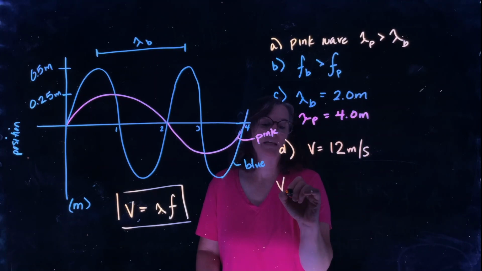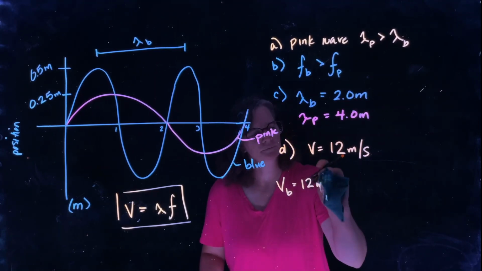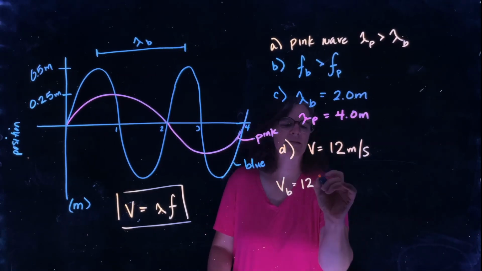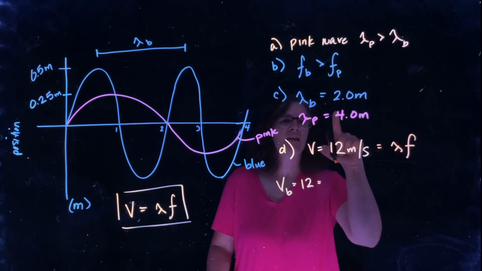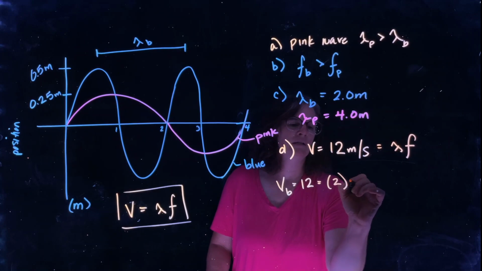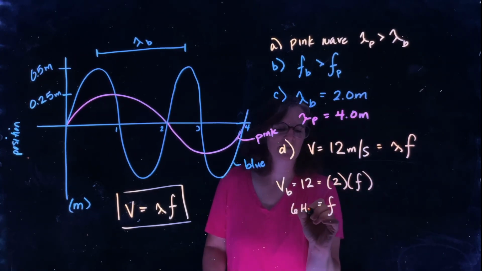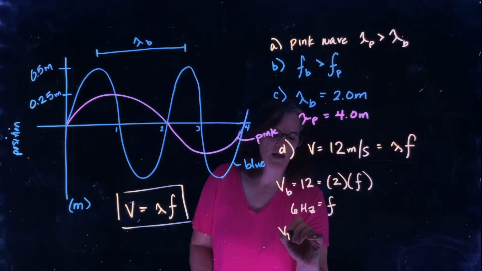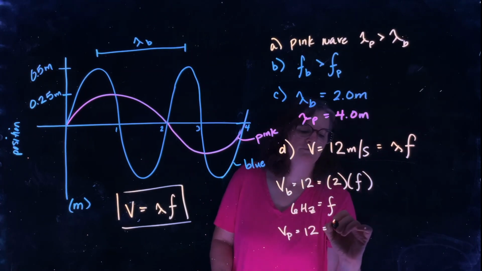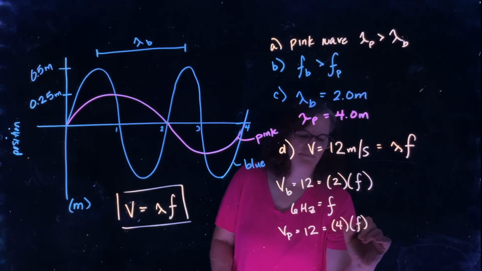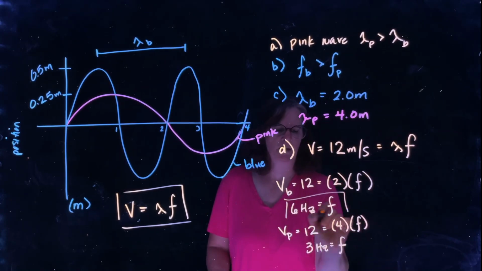So the speed of the blue wave is equal to 12 meters per second. I'm not going to put the 12 in there, just to make it less messy. That equals the wavelength, just as a reminder, the wavelength of 2 times the frequency. So we know that our frequency is equal to 6 hertz. And for the pink wave, also 12 meters per second, that is 4 times our frequency. So we have 3 hertz frequency for the pink wave.